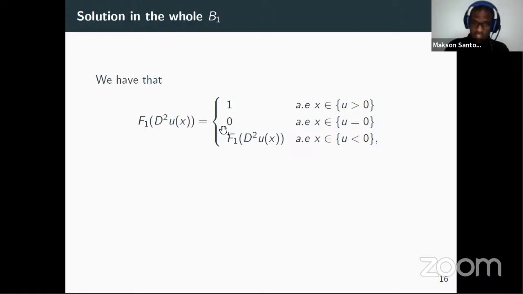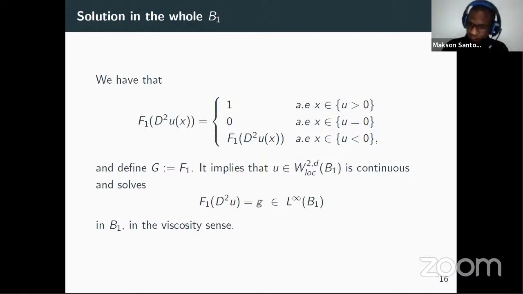It means that this whole quantity here is bounded. Hence, we can define the operator G equal to F_{U1}, and the function g equal to this. This is bounded in the whole B1, it belongs to L infinity of B1.